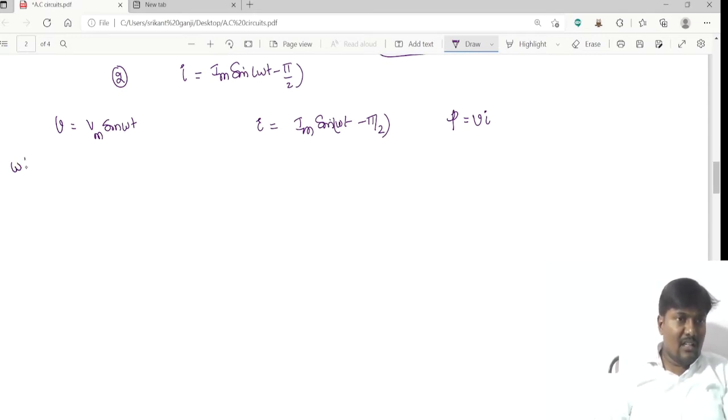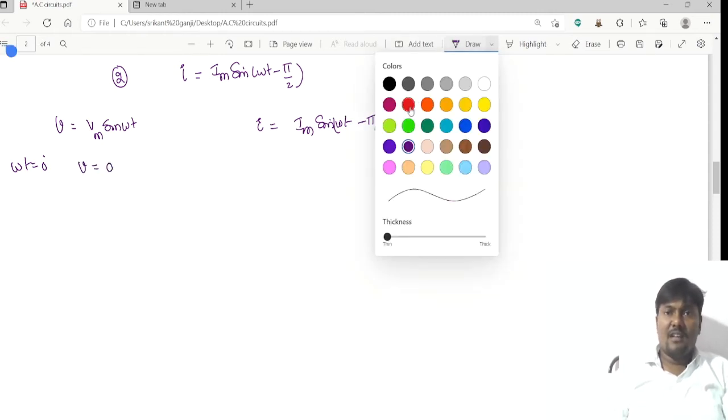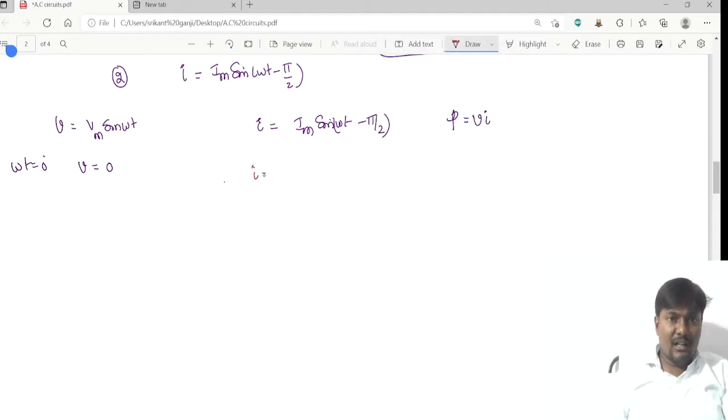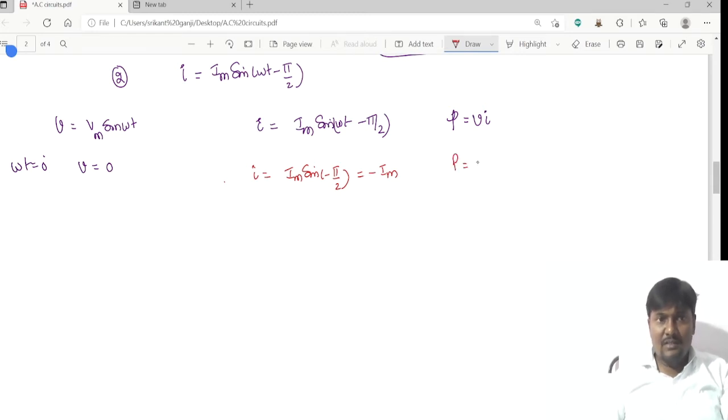Say at omega t equal to 0 degrees, V is equal to 0, because V max sin 0 is 0, and I is equal to I max sine of minus pi by 2, which is minus I max, and the power value is 0 into minus I maximum, which is 0.